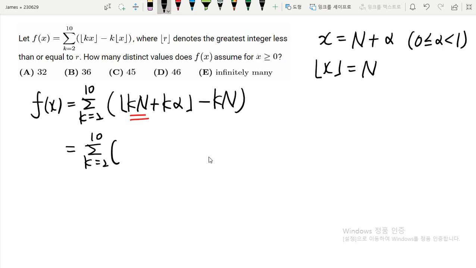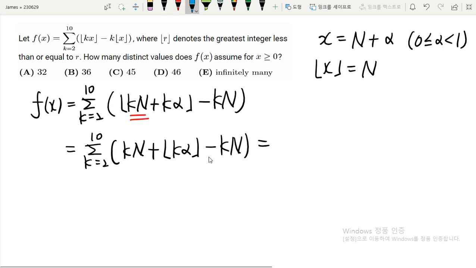So we can take this kn out, and the remaining term will still be in the floor function. After taking out, we can cancel this kn, and so only the floor of k alpha remains.